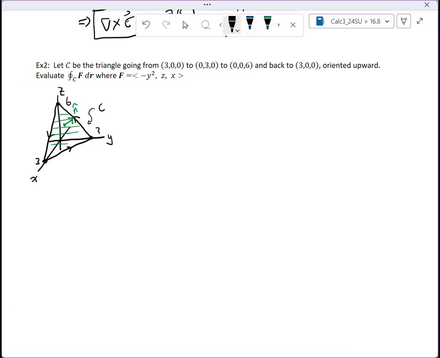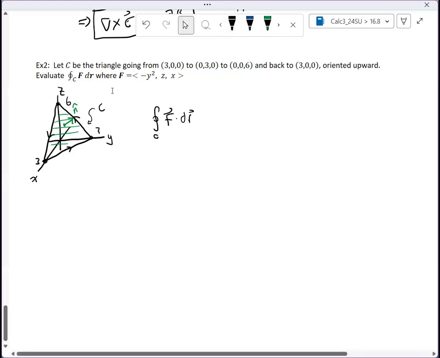And we want to integrate the line integral of F dot dr. We have some field here that we're dealing with. We want to compute this line integral.